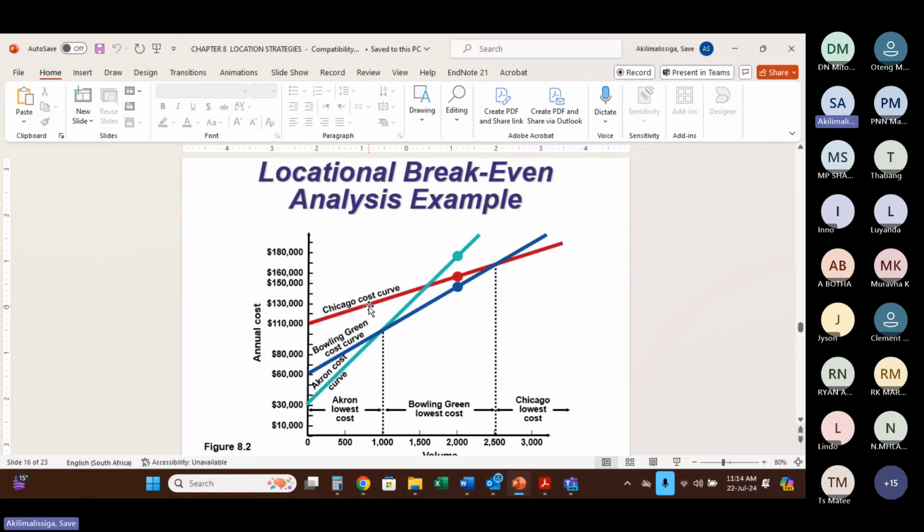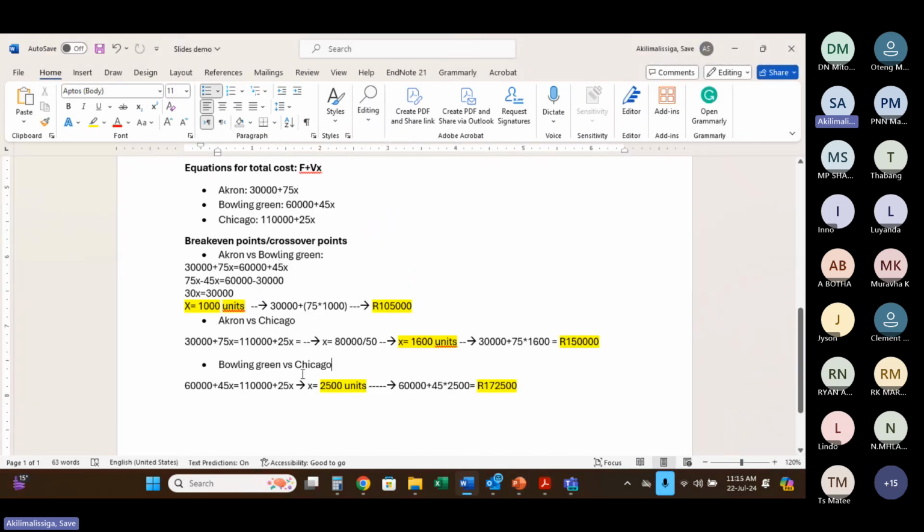But in our test, you're not going to plot the graph. I'm just showing you guys so that you understand how this thing works. Because even if we're not going to plot the graph, there are some questions that will come in a way where you can use the mathematical approach, right?